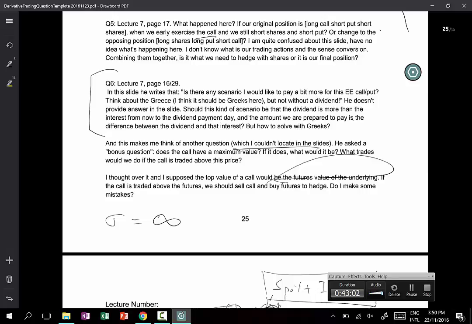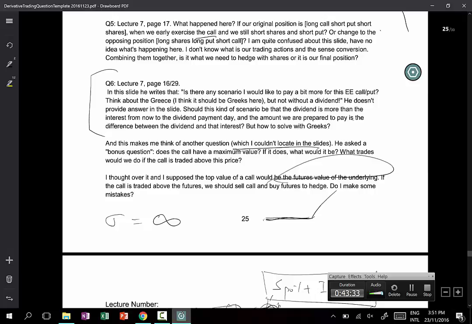Well, with a call option, you will never pay more than the current stock price, and the reason is simple. Why are you buying calls? The reason you are buying a call is that when the stock price goes up, you want to have a gain, and when the stock price goes down, your loss is limited.